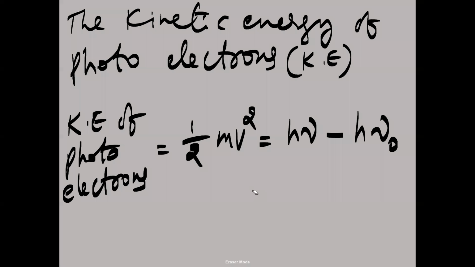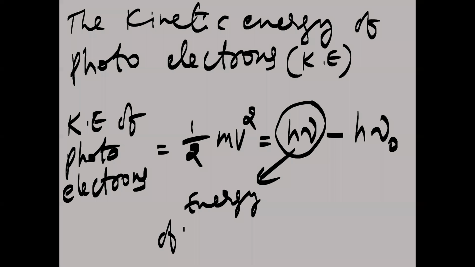The kinetic energy is generally half mv square, where m is the mass of the photoelectron and v is the velocity of the photoelectron. That is also equal to h nu minus h nu naught. What is this h nu here? The energy of the incident radiation, the given energy of the incident radiation.